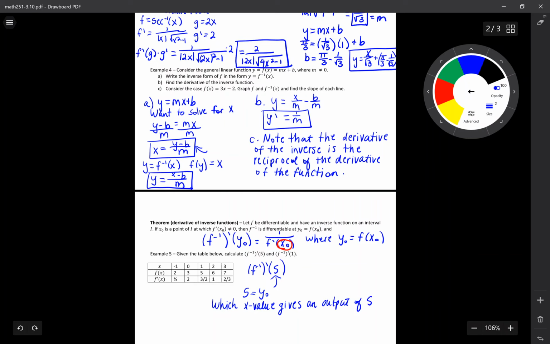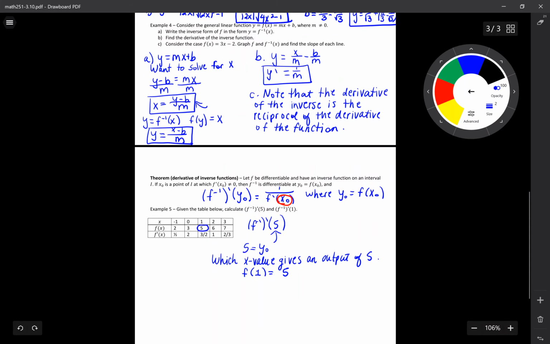Well, I look at my table and I see that the x value 1 gives me an output of 5. So f of 1 is equal to 5. So f inverse prime of 5 is equal to 1 over f prime of 1, since my x value that corresponds to my y value here is 1. I see that f prime of 1 is equal to 3 halves. So this is 1 over 3 halves, which is equal to 2/3.